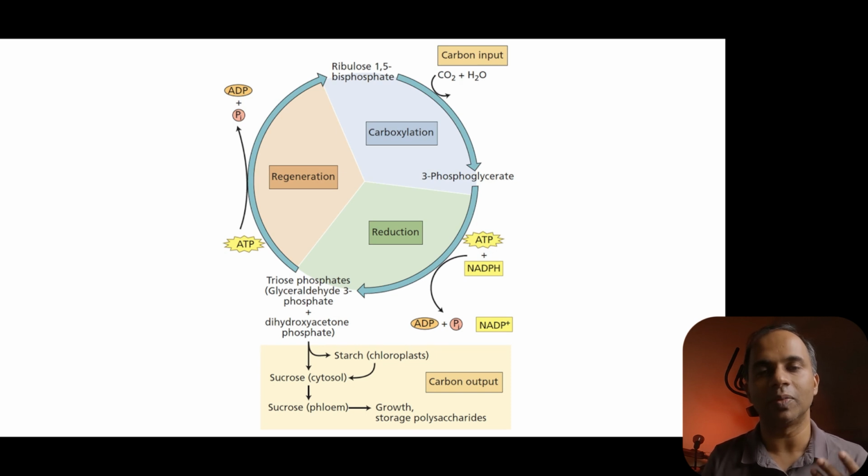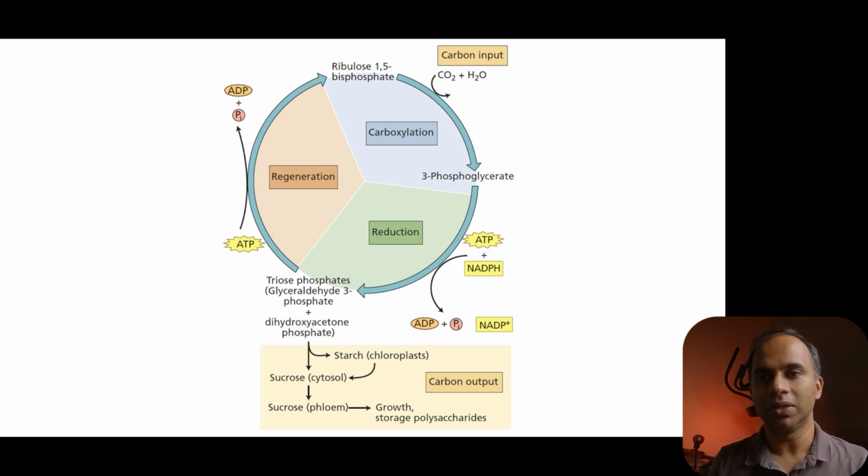That's why most of the essential biological reactions are cyclic in nature. At the end of the reaction, part of the output acts as input for the beginning of the reaction. That's why it's a cyclic process.